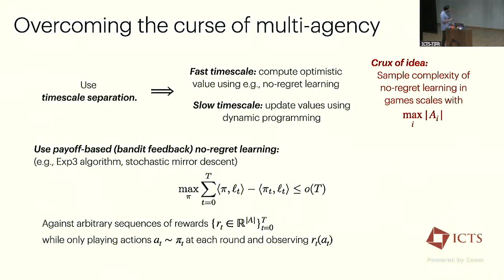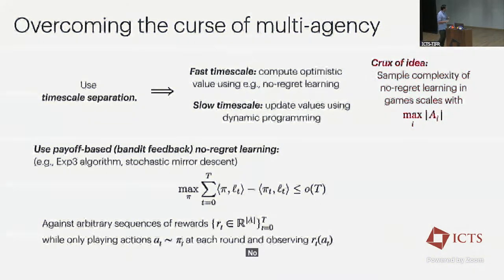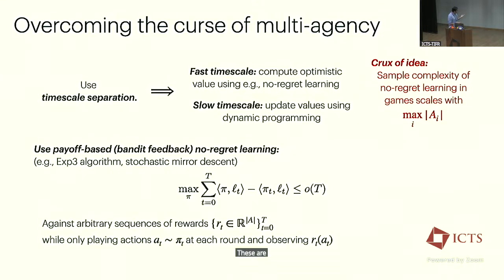Great. So the idea they came up with afterwards was to use a payoff-based or bandit feedback no regret learning algorithm. These are algorithms like the EXP3 algorithm or stochastic mirror descent, which guarantee this no regret behavior.